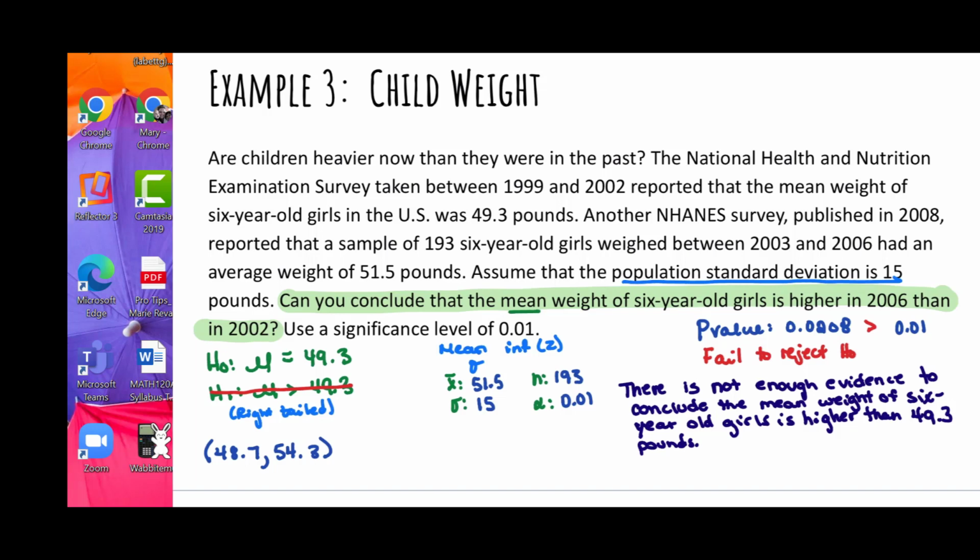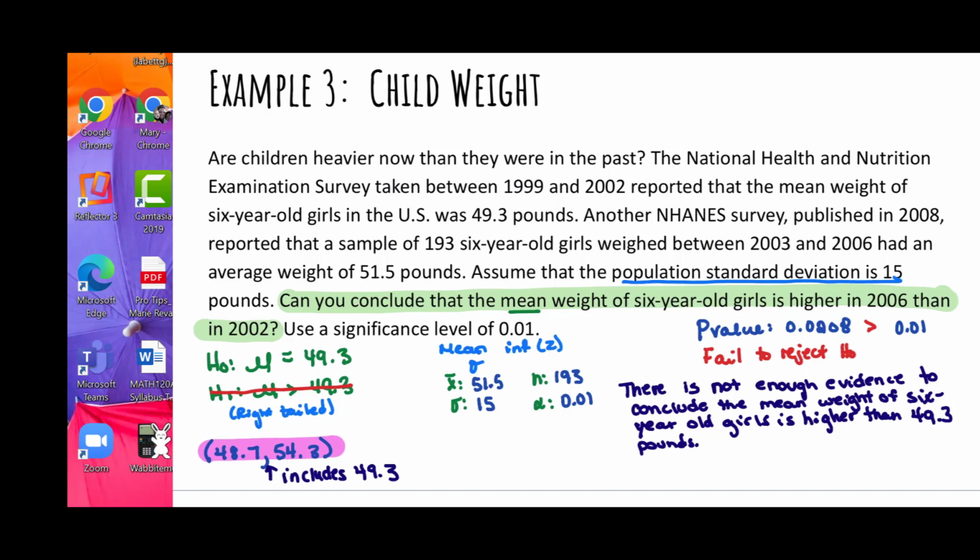And again, you can word it by saying there's not enough evidence to conclude that the mean weight of 6-year-old girls is higher in 2006 than 2002, because that would mean the same thing. So over here, looking at our confidence interval, we are 99% confident that the true mean weight of 6-year-old girls is between 48.7 and 54.3. This includes 49.3. 49.3 falls somewhere between 48.7 and 54.3.